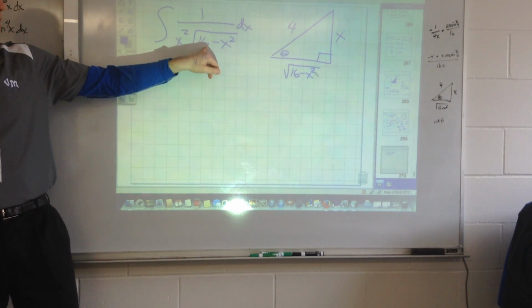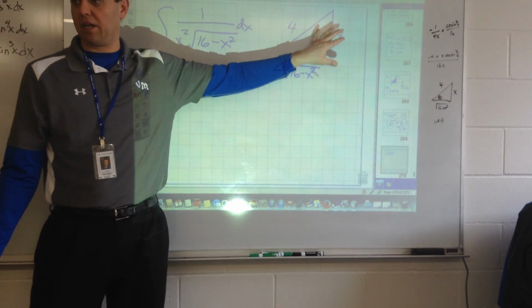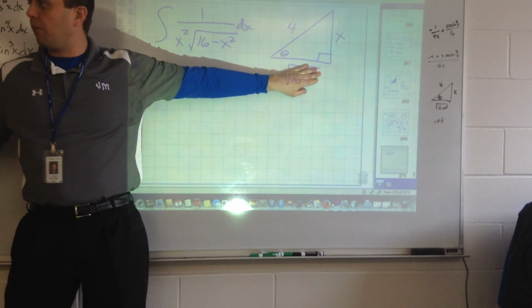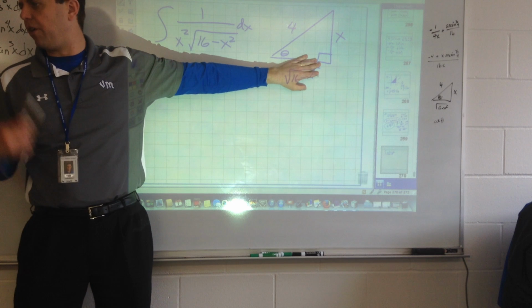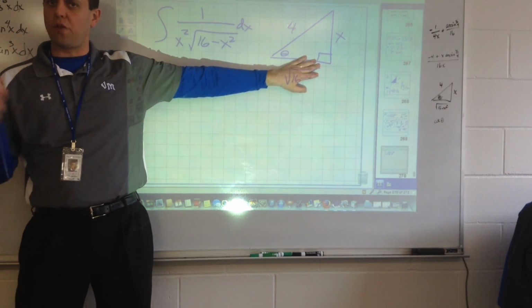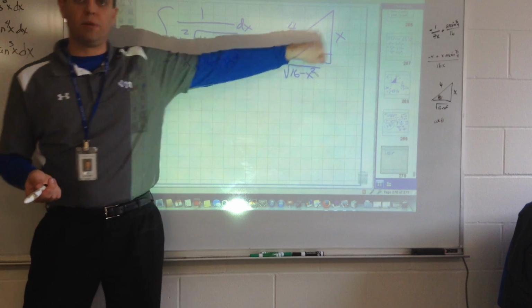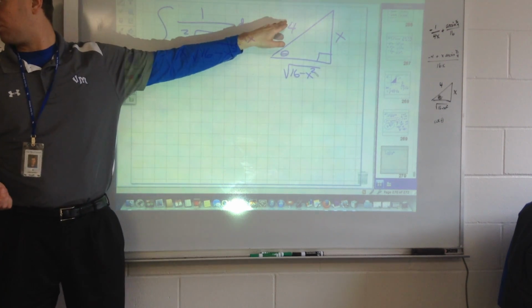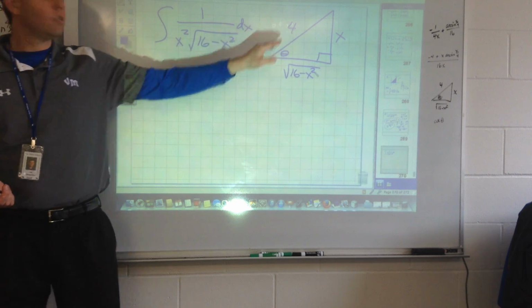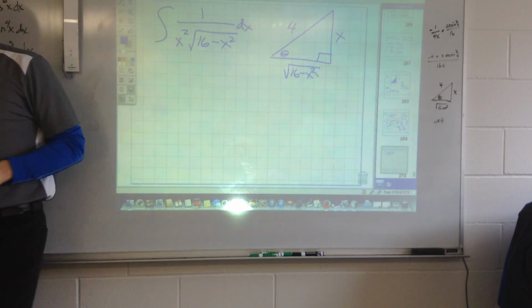If you call this a, some variable other than x, and set that Pythagorean's theorem up, a squared plus x squared equals 4 squared, and then solve that for a, you would get the square root of 16 minus x squared.